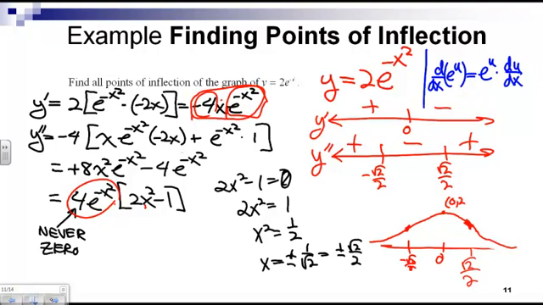So if the number line is looking like that, then those are our points of inflection. But if it's like negative, then that's not a point of inflection. Typically we add the local maxes and mins and the points of inflection in one big package to see what these graphs look like. So we would have the y prime.